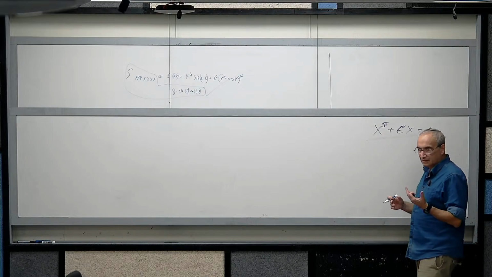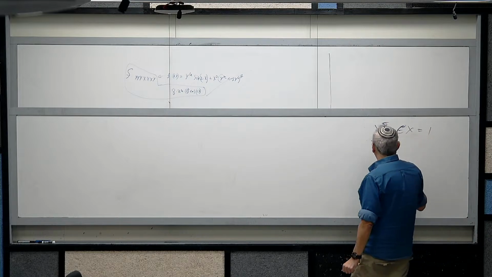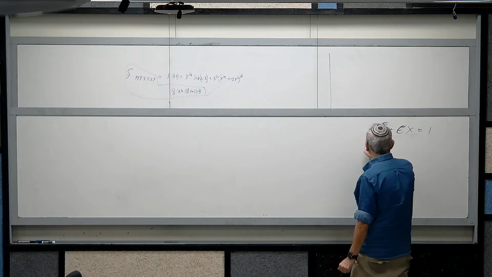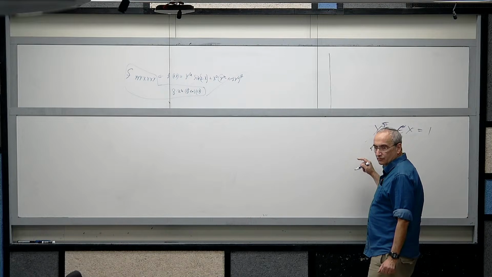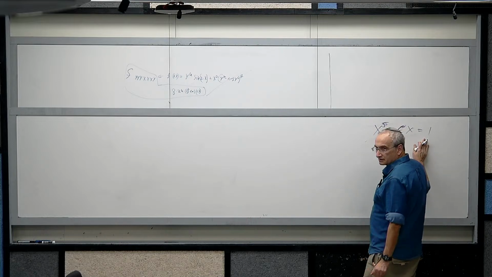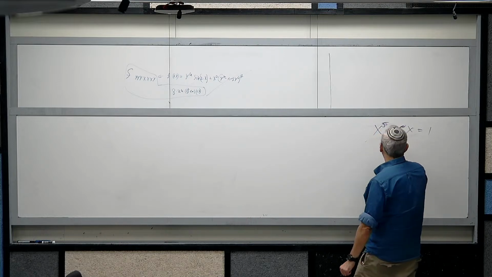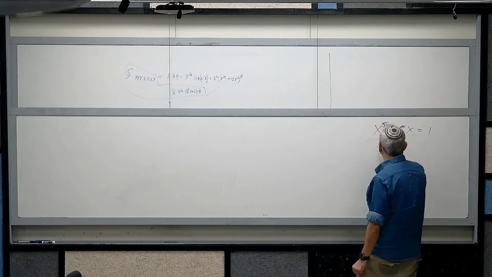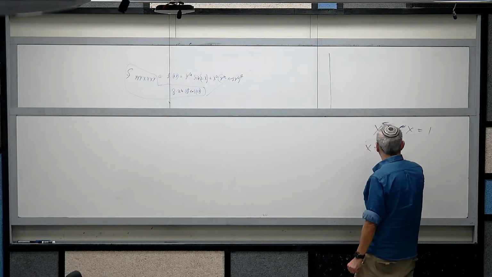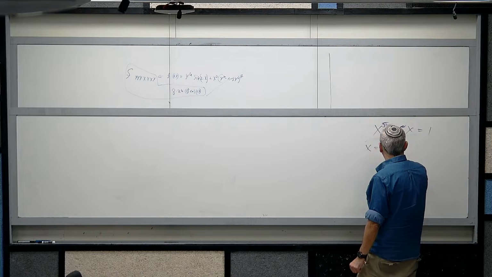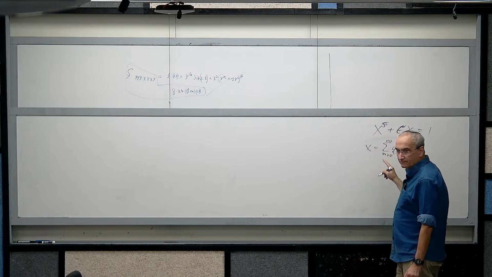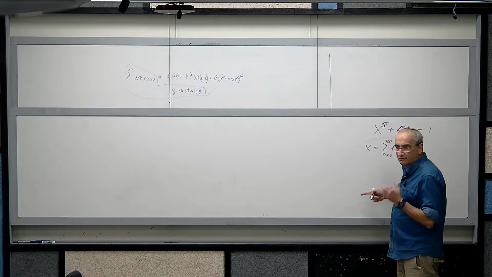Let's explain why. As epsilon goes to 0, we have 5 answers, right? We can write x as the sum from n equals 0 to infinity of a_n epsilon to the power of n, and now we have to calculate the a's.